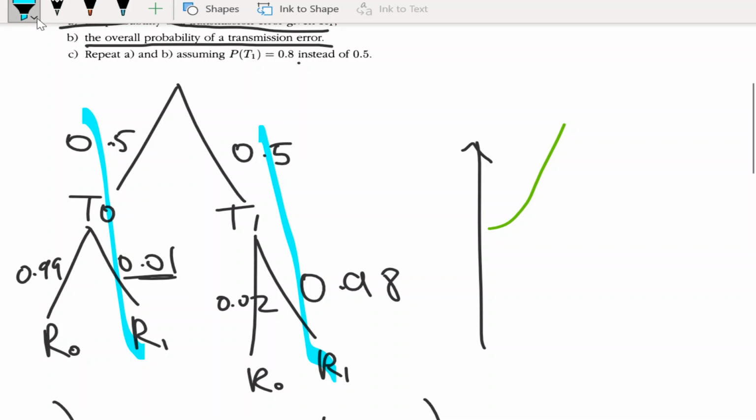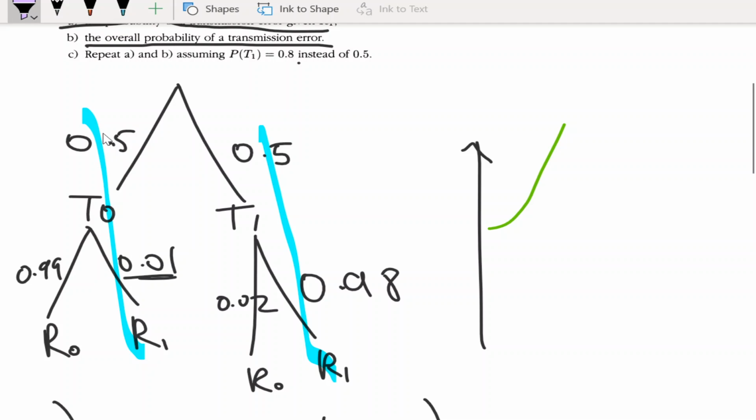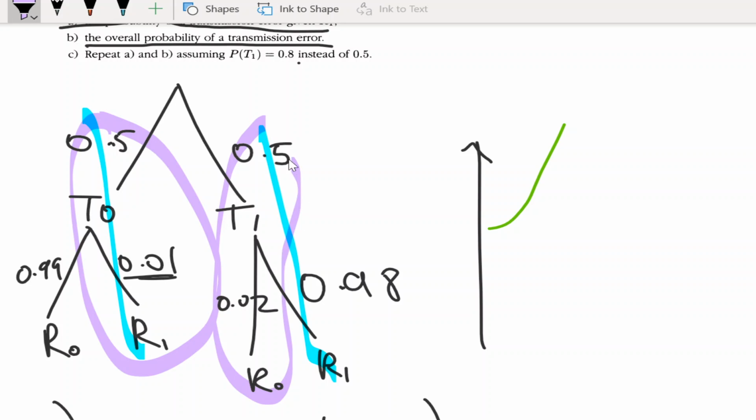So I'll just use my trusty highlighter. That just means we want this and this.